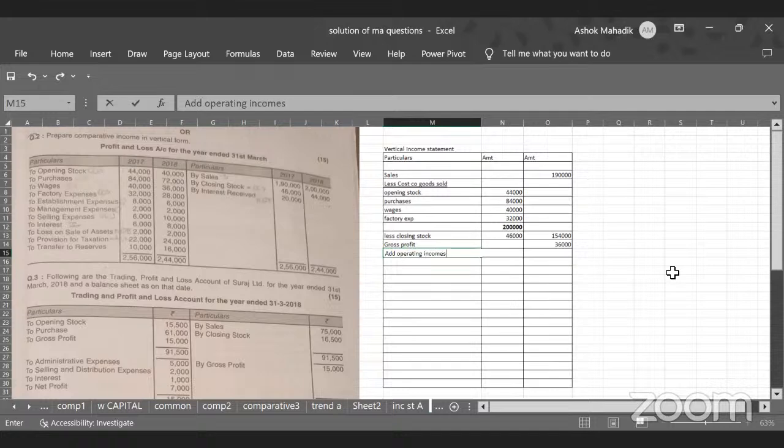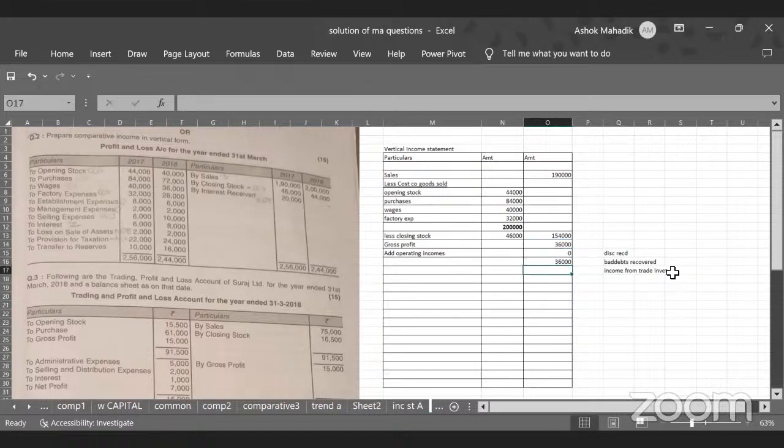Operating income includes items like discount received, bad debts recovered, and income from trade investment. But this time it is not there, so 0. So you carry forward the profit of 36,000 only.